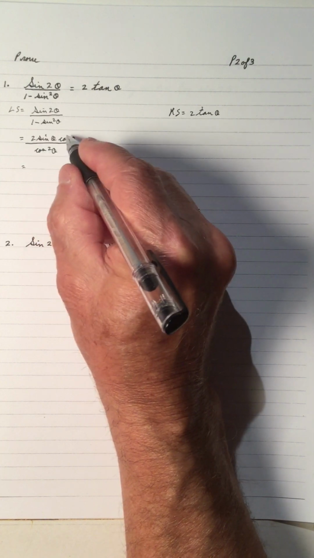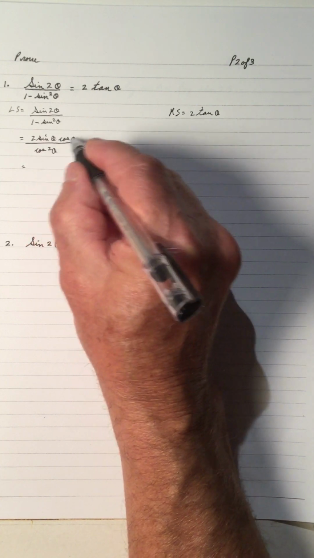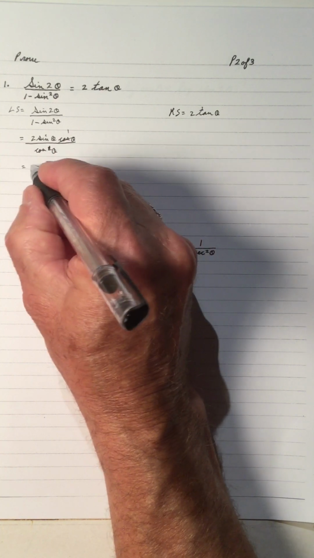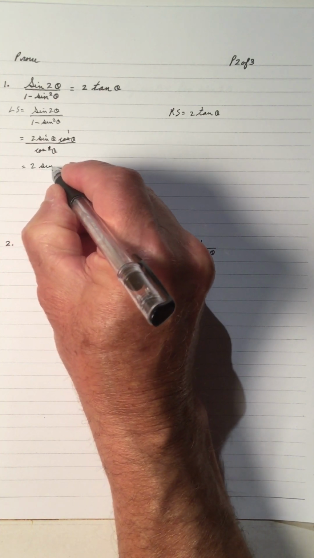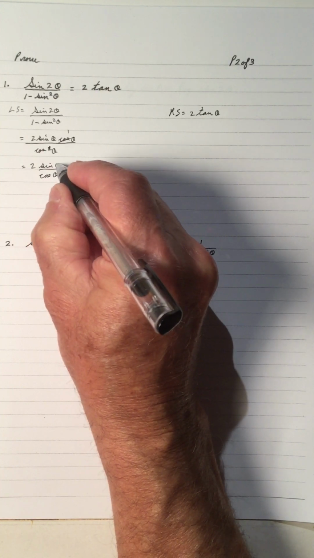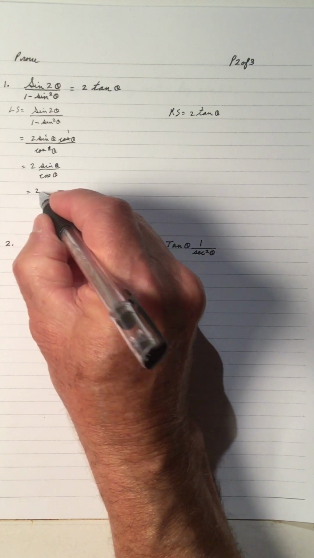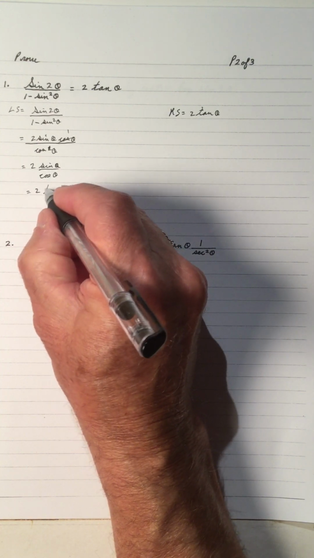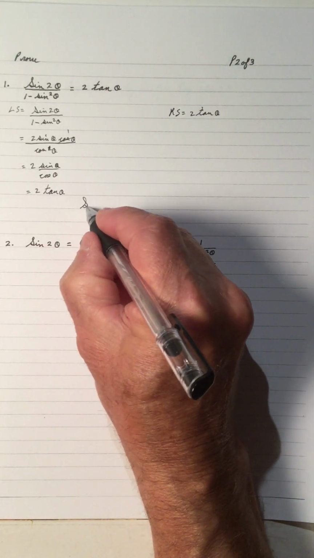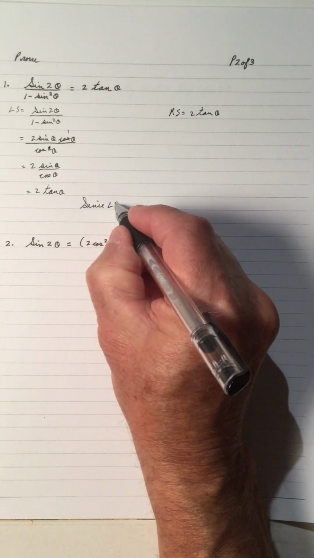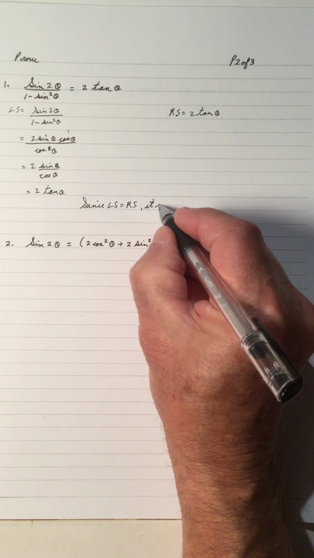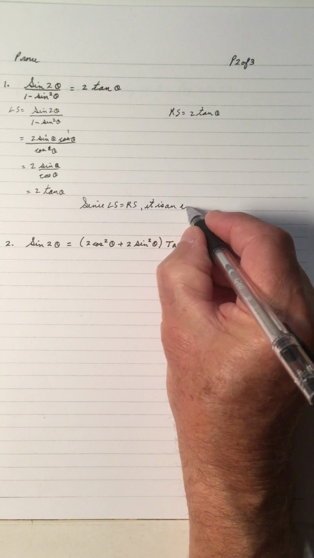And notice that the cos theta and cos squared theta cancel out one, and this becomes cos theta. So that's 2 sine theta over cos theta, which is 2 tan theta. And we have it, since the left side equals the right side, it is an identity.